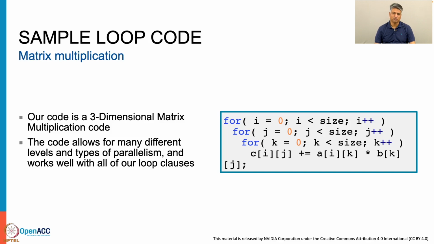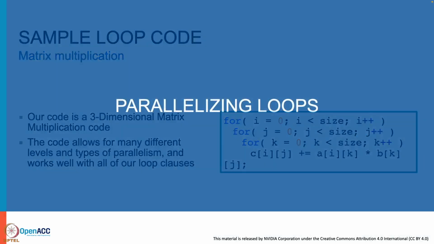You have 3 loops going over i, j and k, where Cij is being summed up over the product of Aik and Bkj. This code allows different levels and types of parallelism, and we'll see how this works with our loop clauses. So, today we will discuss basically parallelizing loops.